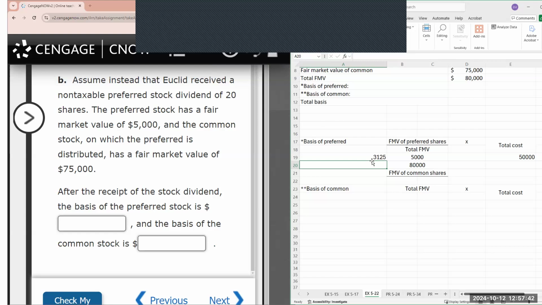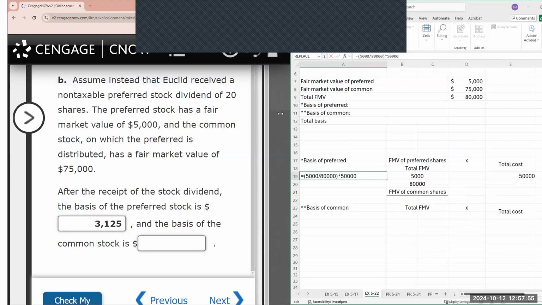In such case, the basis of the preferred stock would be $3,125. Again, how do we calculate that? It's the fair market value of the preferred shares, which is 5,000, as stated in the fact pattern, divided by the total fair market value of both the preferred shares plus the common shares, which gave us a total of 80,000. So we're basically allocating it on a pro rata basis.